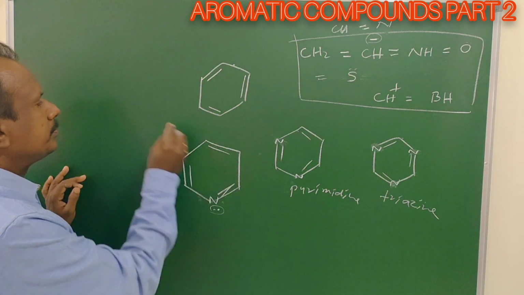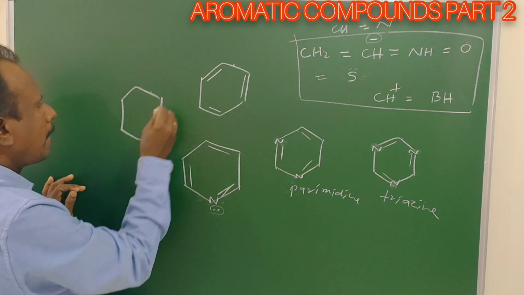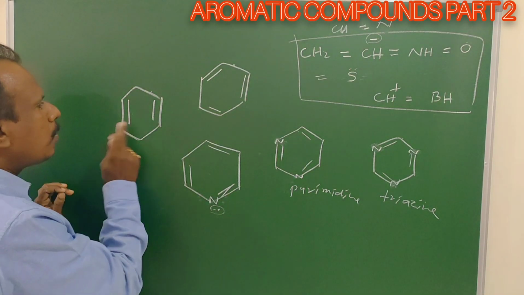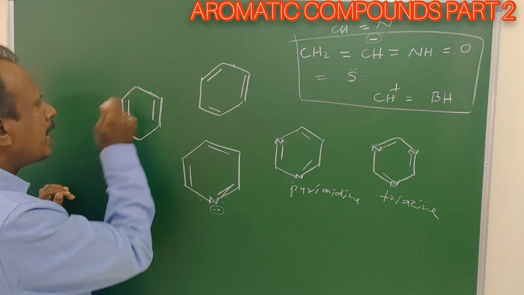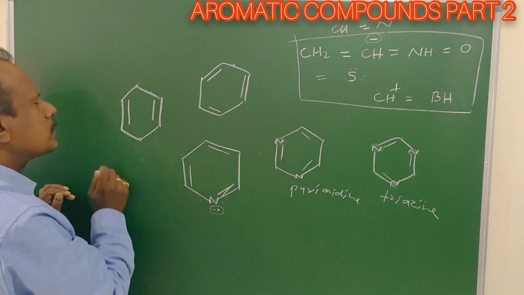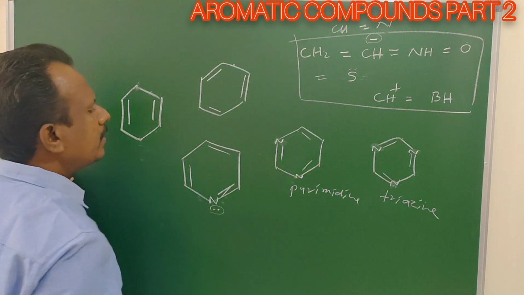Next one, a 6-membered ring with 2 double bonds. It is non-aromatic because the CH2 groups are sp3 carbons, so it is non-aromatic.